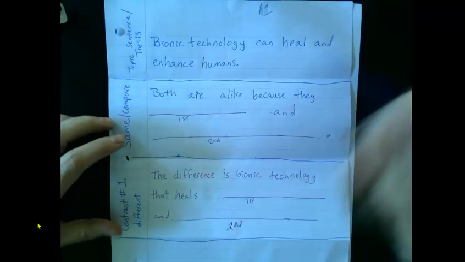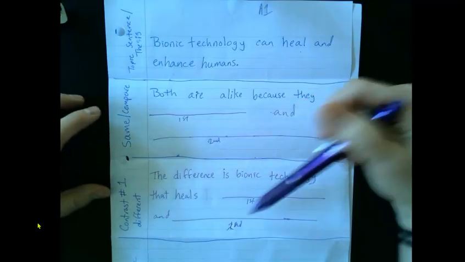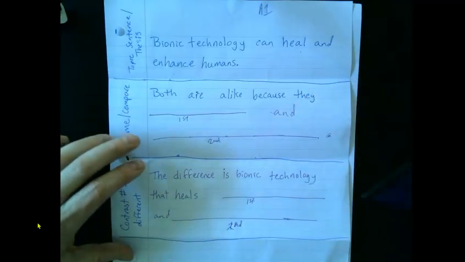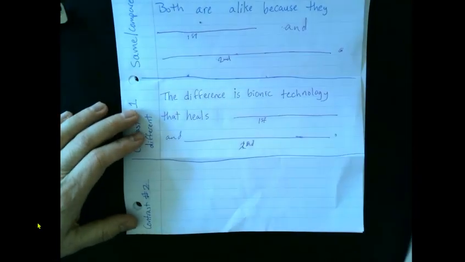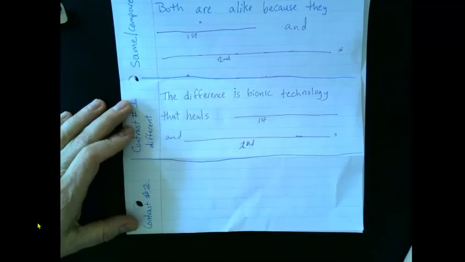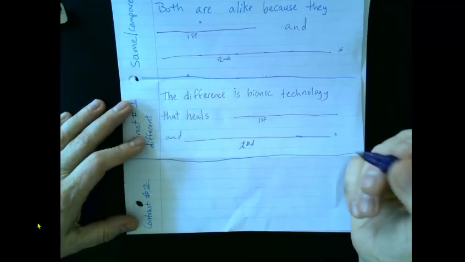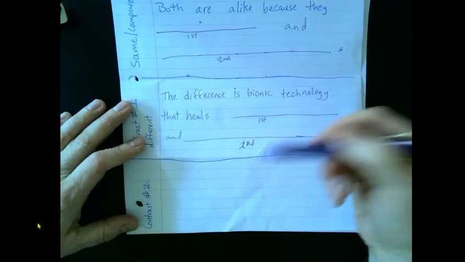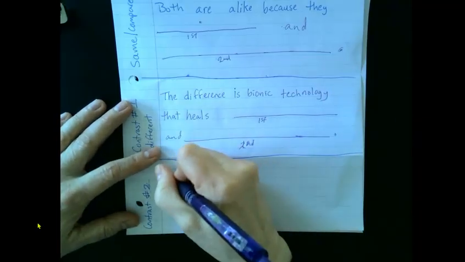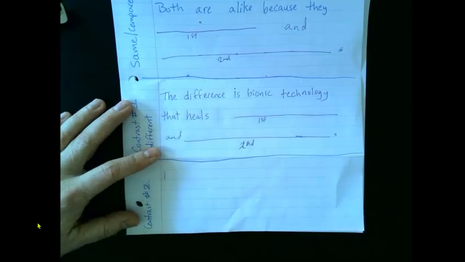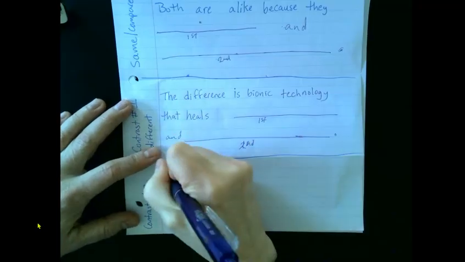Again, take a minute, write in the two things you want to say. Now the second contrast sentence. I'll get you started. This time we're going to write about how they enhance humans. So we'll start with but, because that's a contrary. It changes what we're talking about.